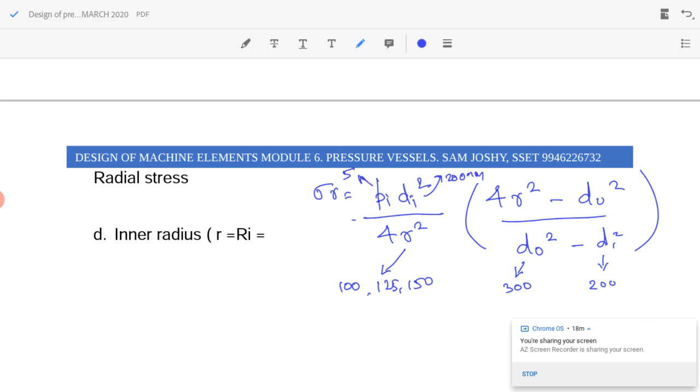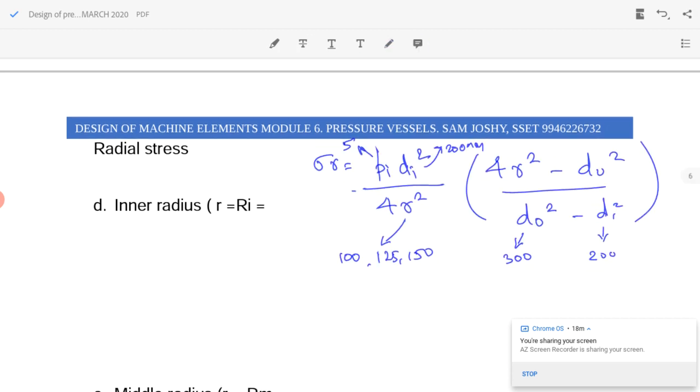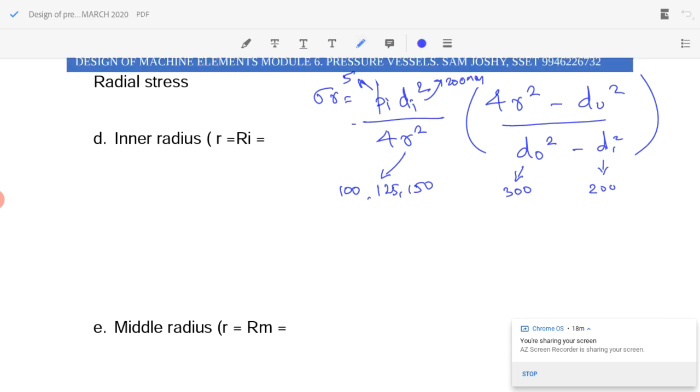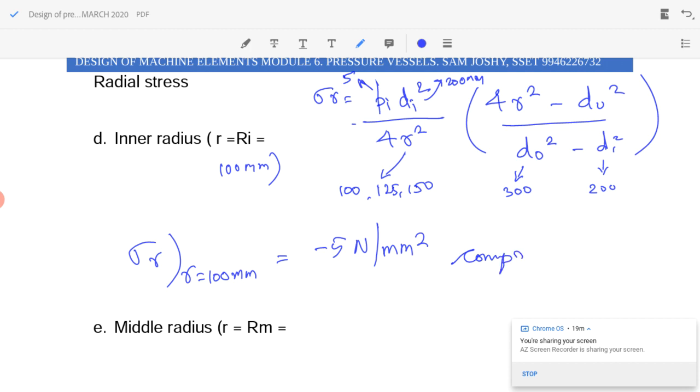I will get different values of sigma R. In the first case, when R equal to Ri equal to 100 mm, I will get sigma R at R equal to 100 mm equal to minus 5 Newton per mm square. It shows that this stress is compressive in nature.